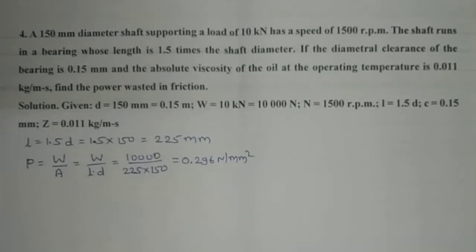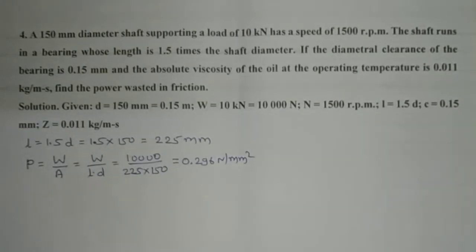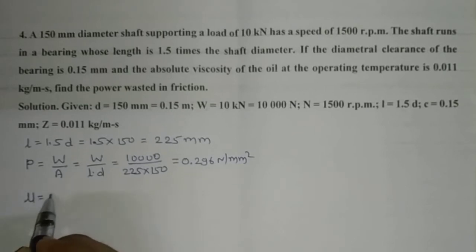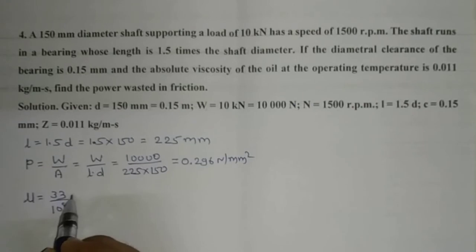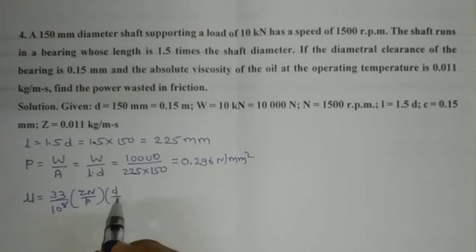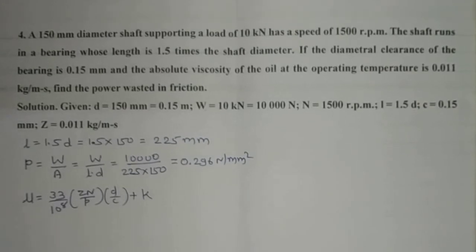Bearing pressure. Now let us find the coefficient of friction mu. Okay, so coefficient of friction mu is equal to 33 upon 10 raised to 8 into ZN by P into D by C plus K. Now put the values in this equation.